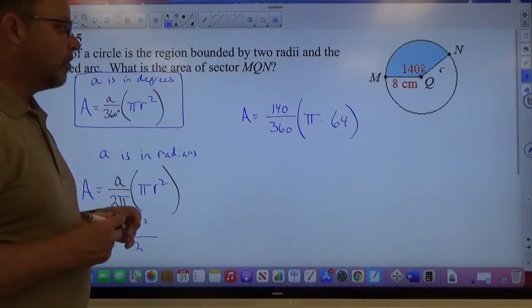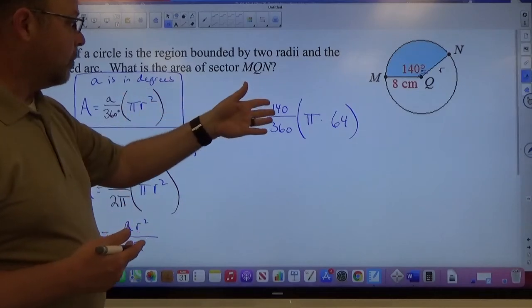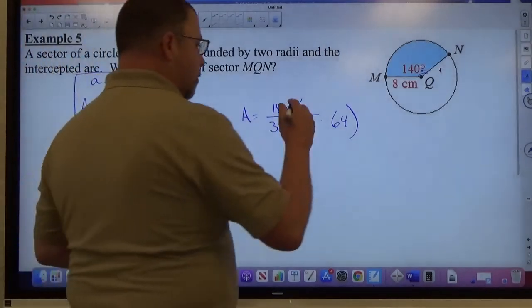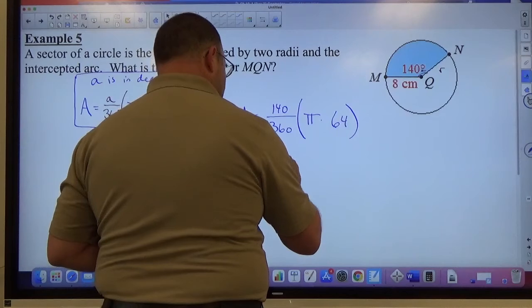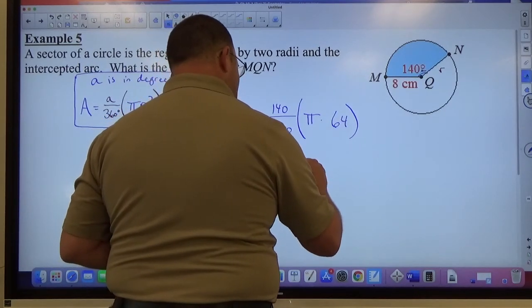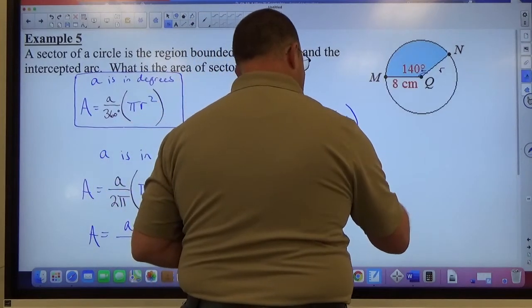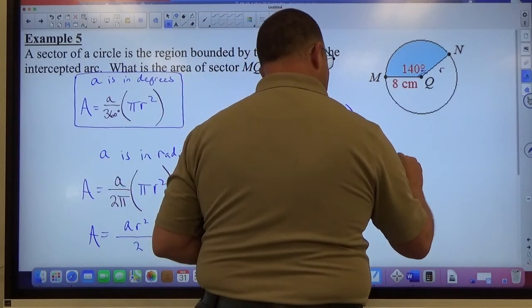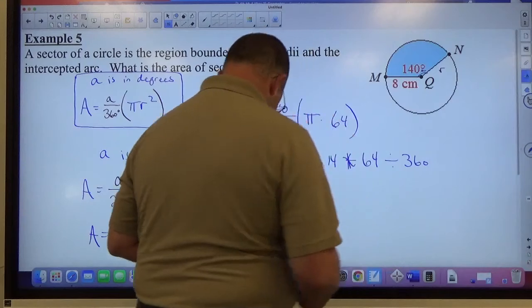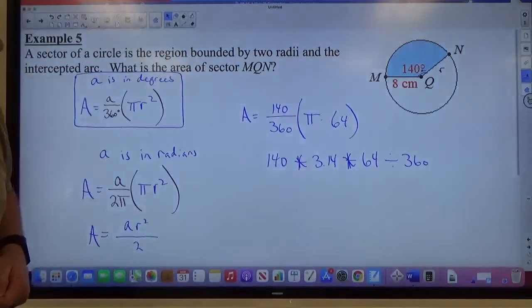And then it's the same structure as when we did arc length. We have a bunch of numbers being multiplied, divided by 360. So on my calculator, I'm going to type in exactly 140 times 3.14 in place of pi, times 64, divided by 360. Just do the divide last.